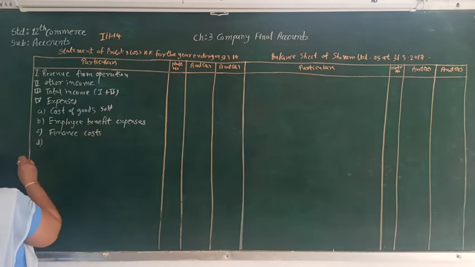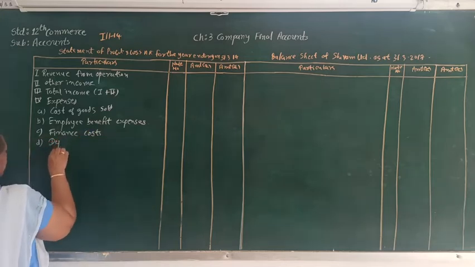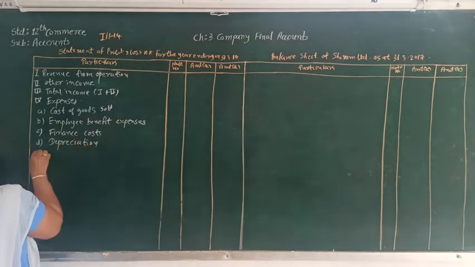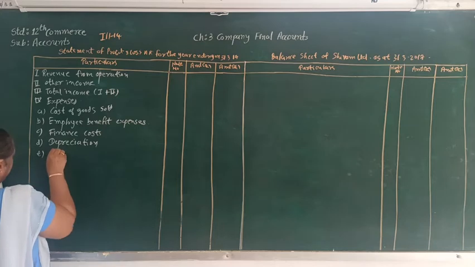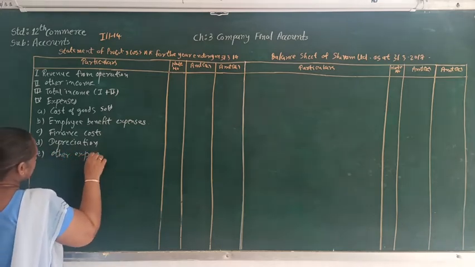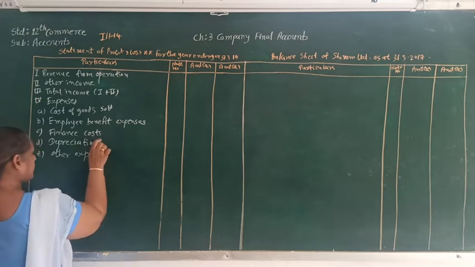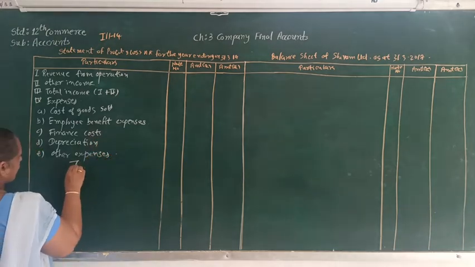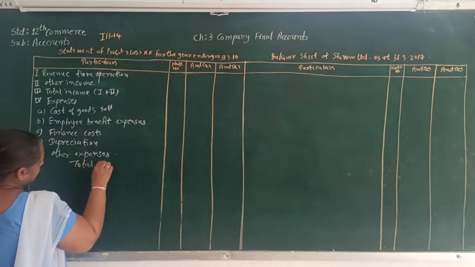The fourth one is depreciation. And the last one is other expense. So these are the expenses, and here we are going to make the total expense.